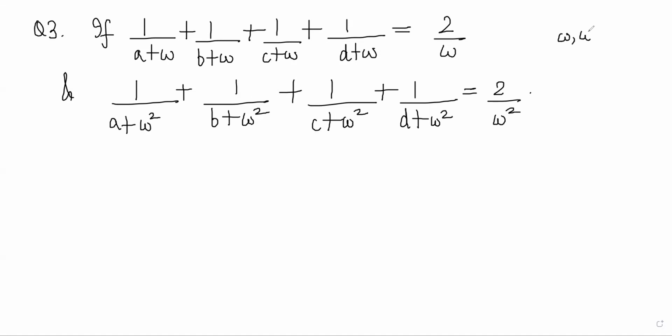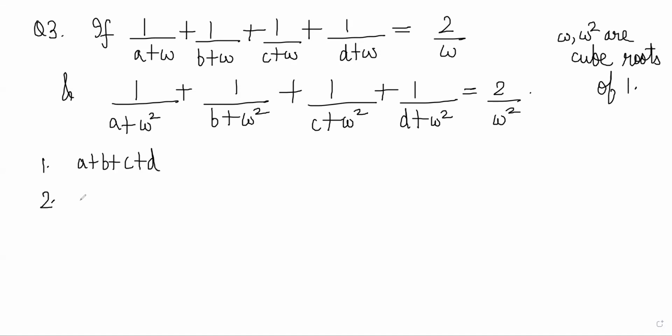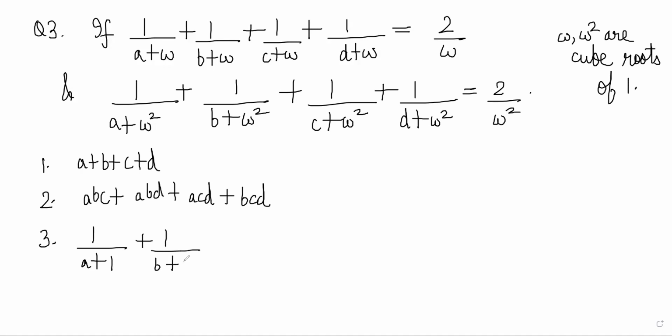Here w and w square are cube roots of unity. What we have to find are three things: a plus b plus c plus d. Then we have to find abc plus abd plus acd plus bcd. And finally, we have to find 1 by (a plus 1) plus 1 by (b plus 1) plus 1 by (c plus 1) plus 1 by (d plus 1).